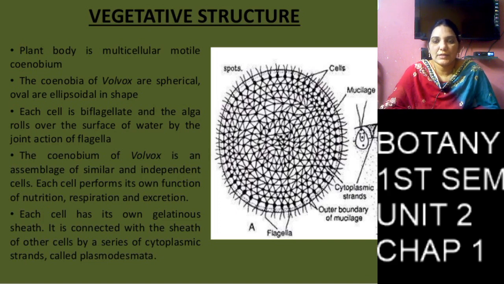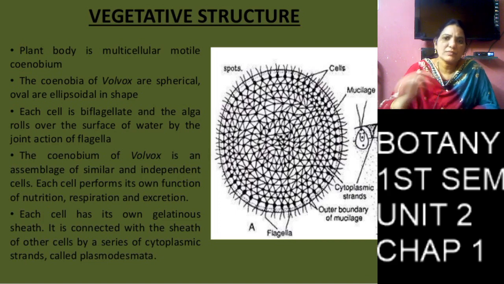The middle part is the cytoplasm, and one nucleus is present in the cytoplasm. One cup-shaped chloroplast is present in the cytoplasm, with one pyrenoid in the cup-shaped chloroplast. An eye spot is also present, and two vacuoles are present in the cytoplasm.